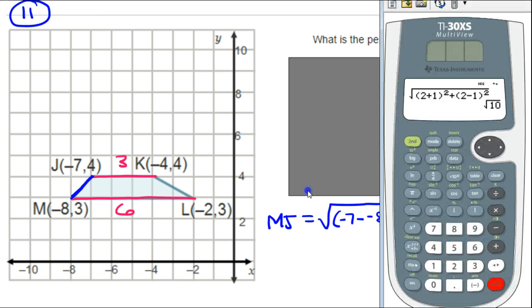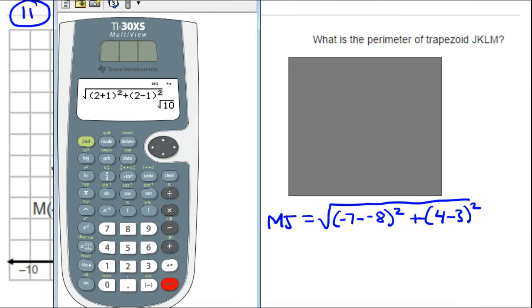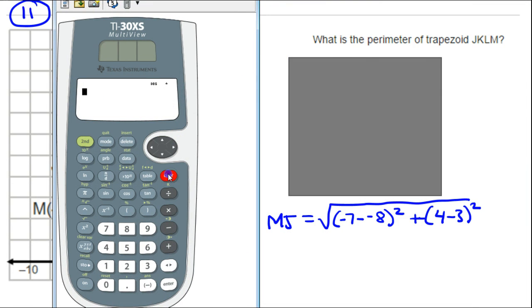And I am going to use my calculator to help me out. My calculator is going to help me help you. Okay, so what it is, I'm going to do square root. Okay, negative 7 minus negative 8. I could have just put negative 7 plus 8 if I wanted to. Okay, notice how that's 2 different types of minus or negative.